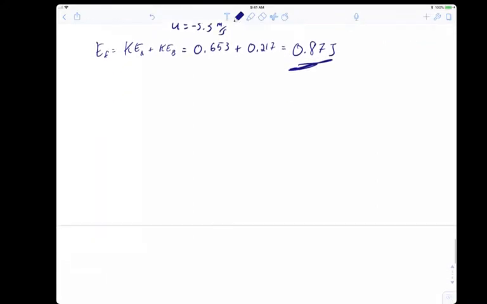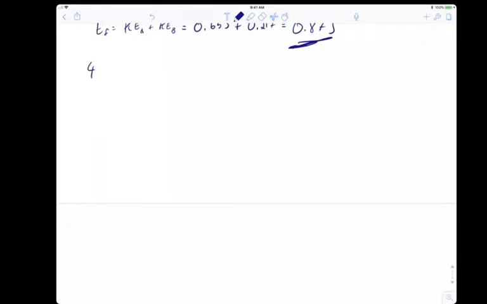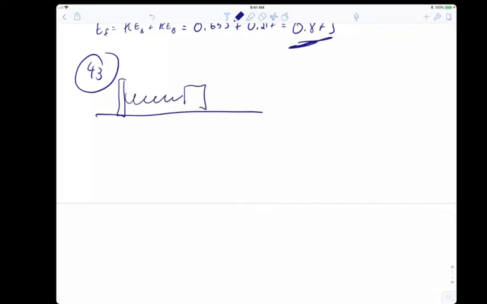Next question, 43. Suppose we have a block mounted on a spring, and we define the 0 point for the elastic potential energy of the system to be the relaxed position. So let's measure from the front of the block.